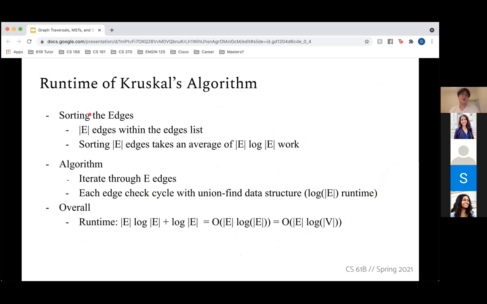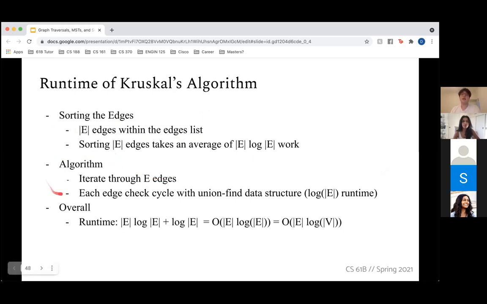So for the runtime of Kruskal's, I'll get to some of the other questions a little bit later. We're going to be first sorting the edges. So there's E edges within the edges list, and sorting E edges takes on average E log E work.